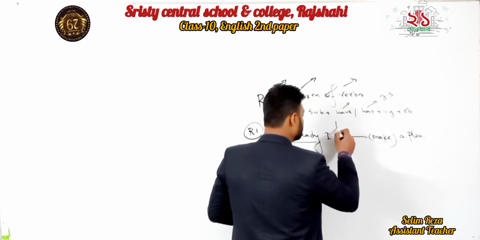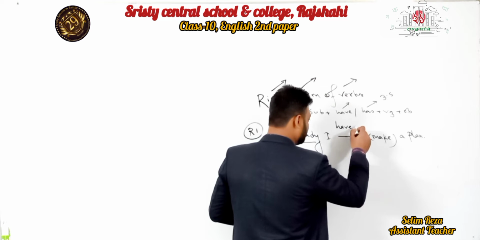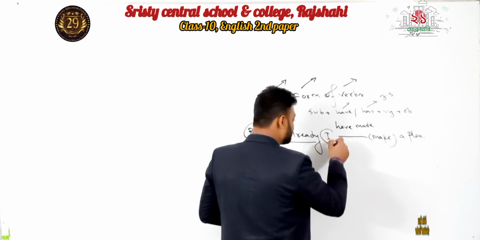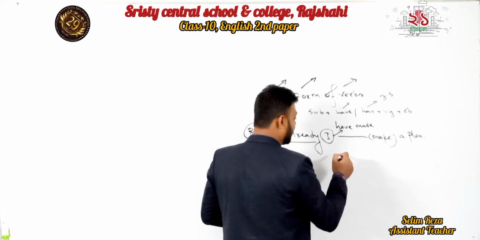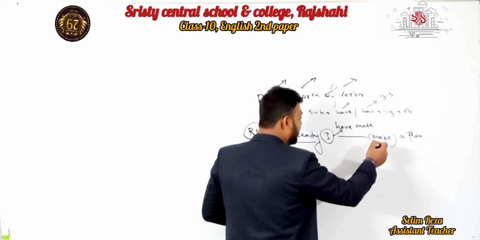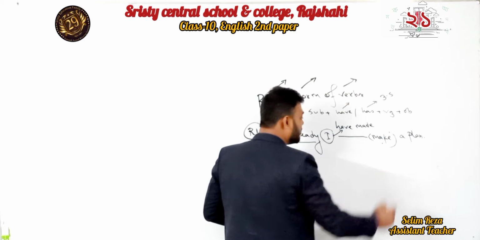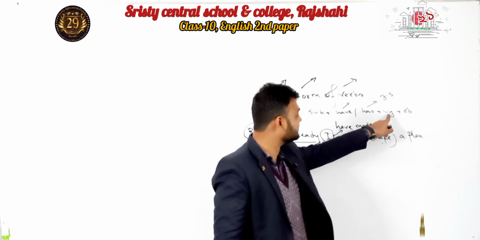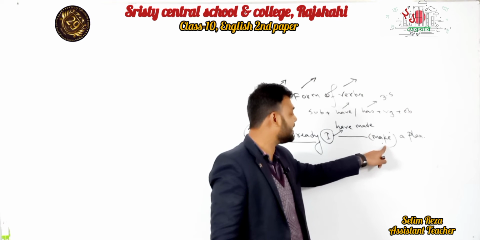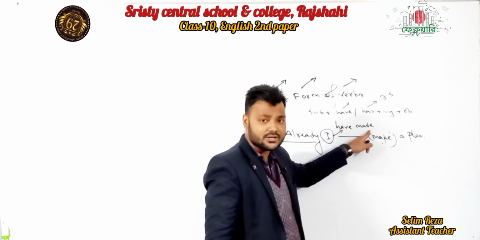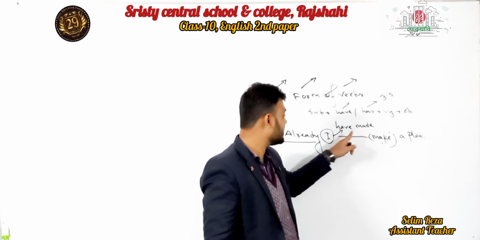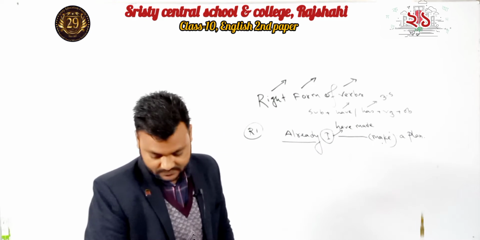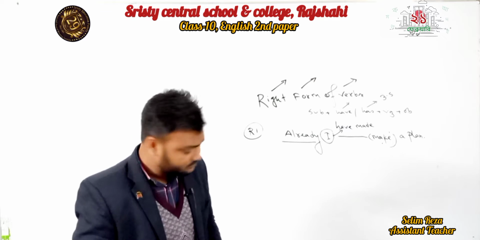So I should write I have made. Okay, dear student, so I is first person, then we have to write have, not has, and this is the first form of verb, and we have to write the third form of the verb. So make, third form is made. So the right answer is have made. I hope you have understood, dear student.